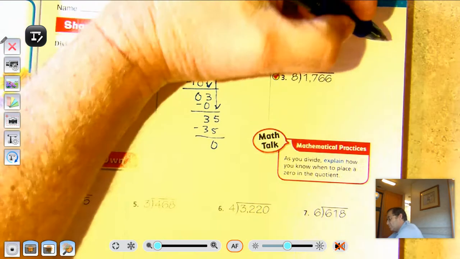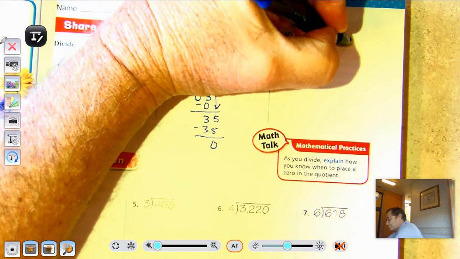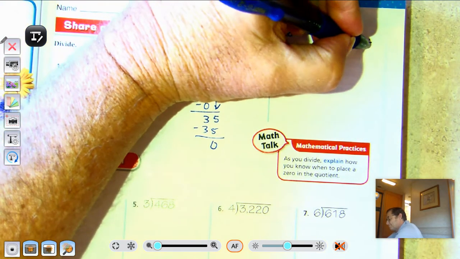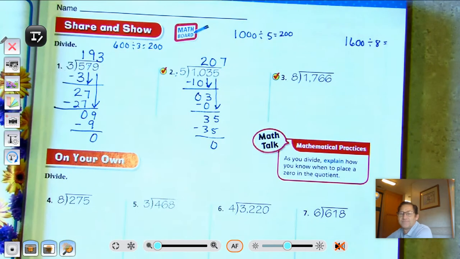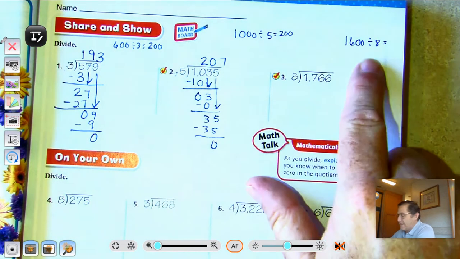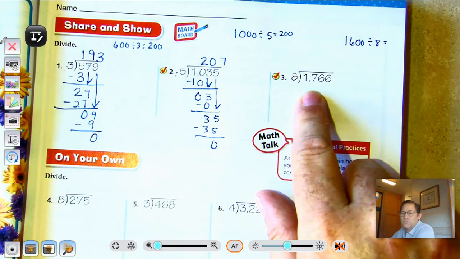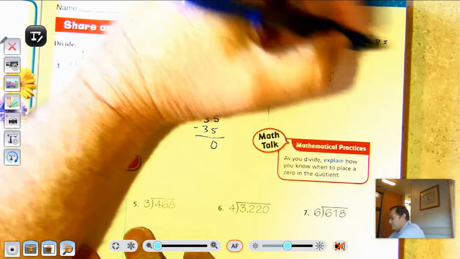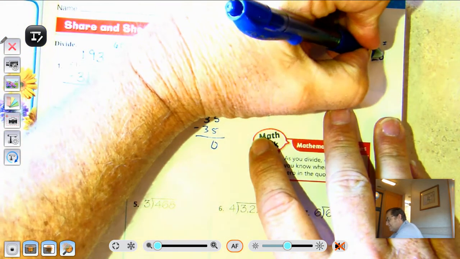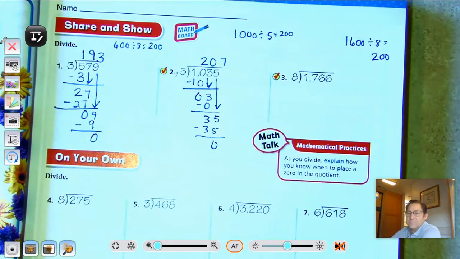I think I'm going to go ahead and go 1,600. Again, this is just an estimate, right? So I know that my estimate is going to be a little lower than the actual quotient. 8 times 2 is 16. So again, our estimate is 200. Our answer should be greater than 200.